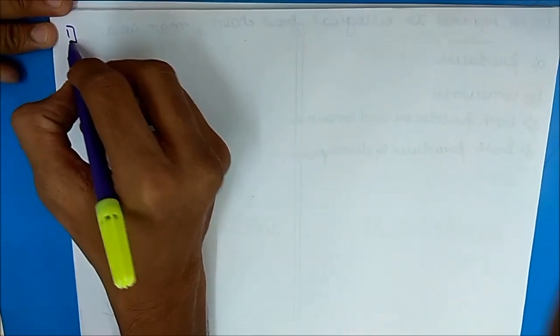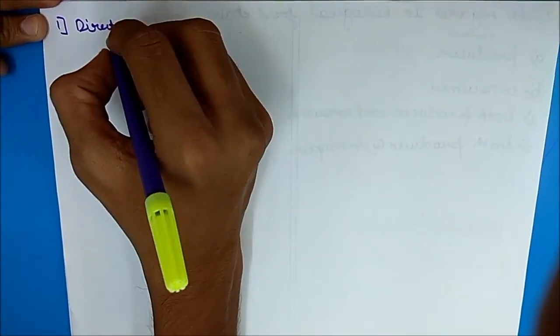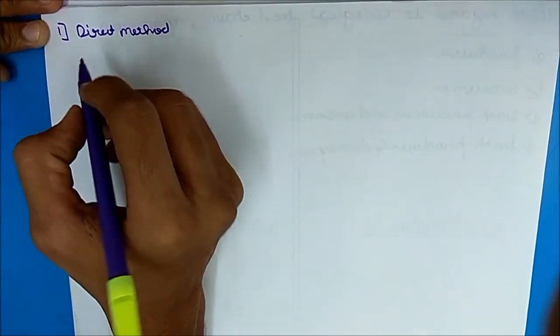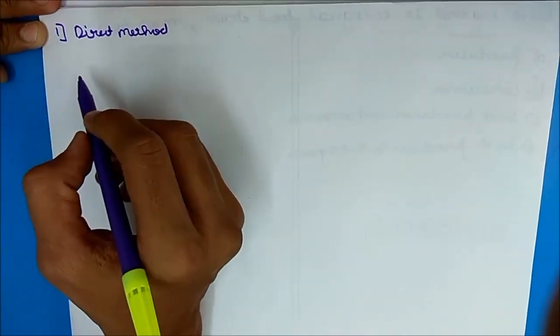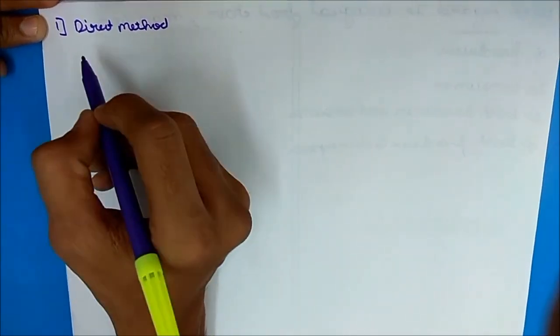Now the first type we are going to encounter is direct method. In some cases, the limit as x tends to a can be obtained by mere substitution of x by a.